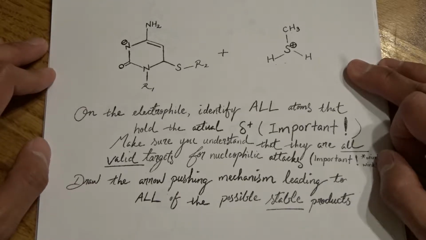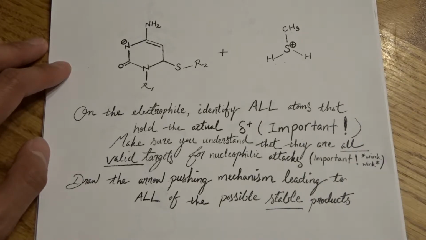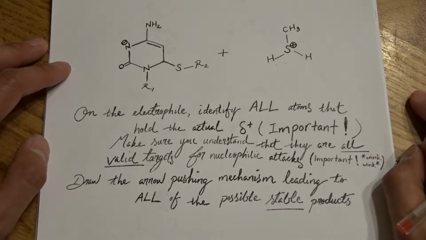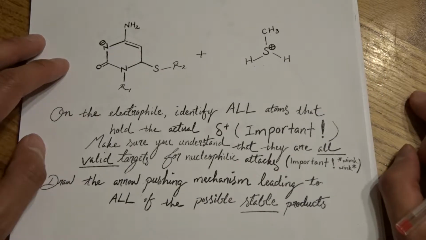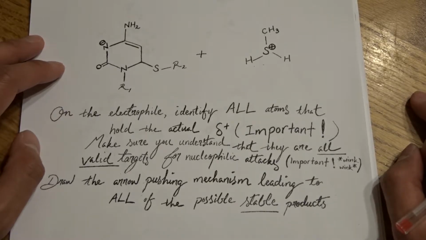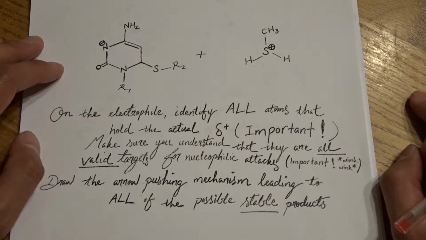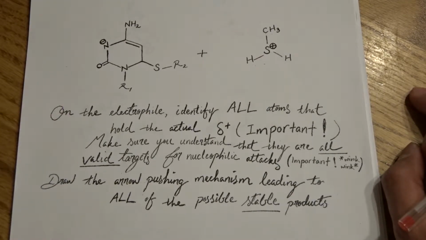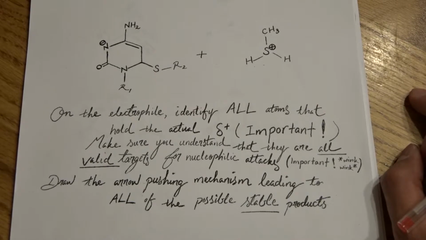So that would be our electrophile because of the red flag positive charge. Okay, but which part of the molecule actually holds the positive charge? Now this is where I want you guys to pay close attention. This is very important.